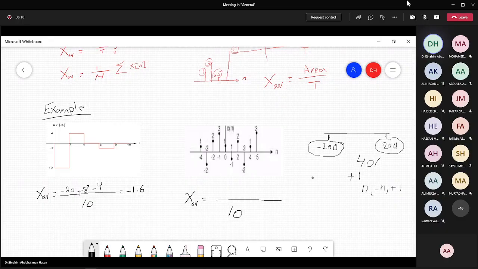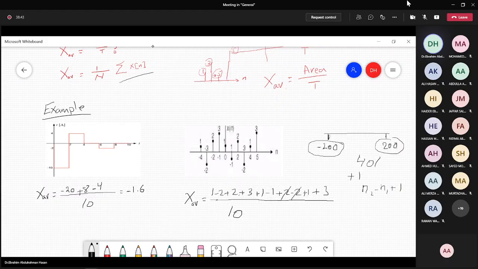Okay, then total, which is summation of x of n, equal to 1 minus 2 plus 2, 1 minus 2 plus 2 plus 3 plus 1 minus 1 plus 2 minus 2 plus 1 plus 3.